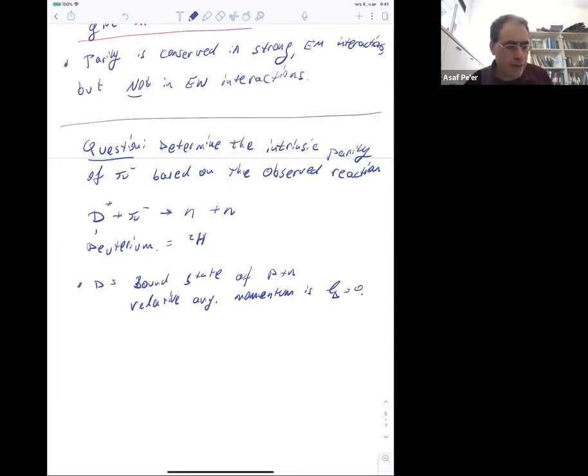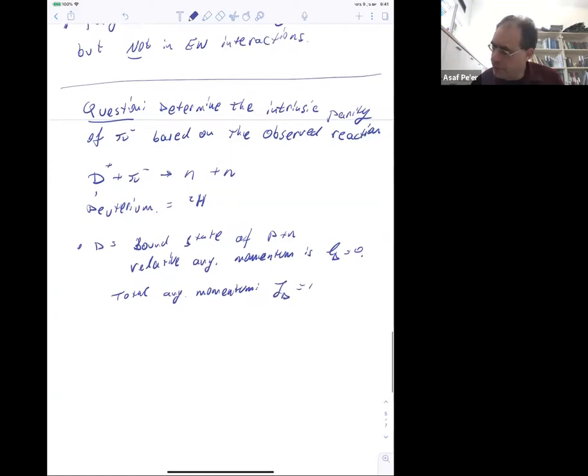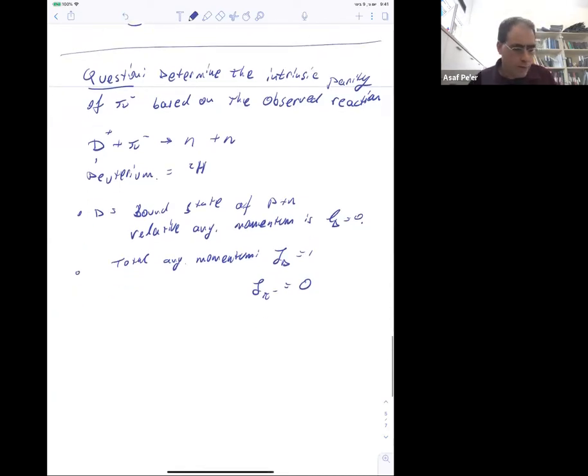The total angular momentum of the deuterium is 1. And for the pion, J pion is 0.